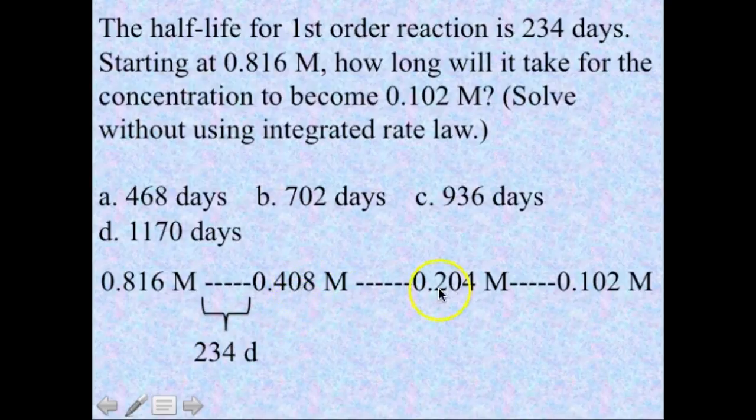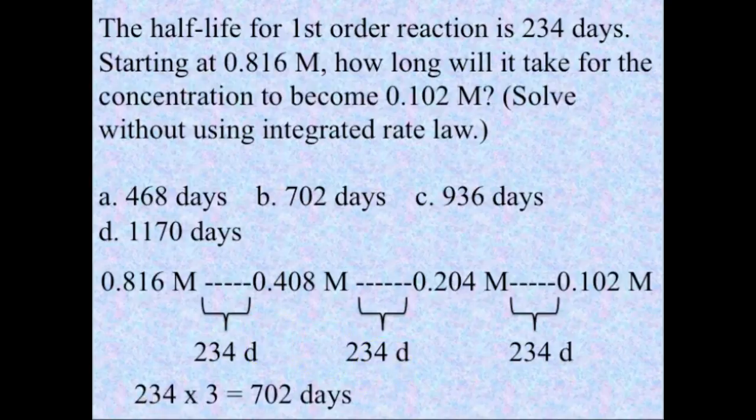And then for the second halving of the concentration, it's another 234 days. And finally, there's a third halving of the concentration, and it's another 234 days. So 234 days, 234 days, 234 days is 702 days altogether.